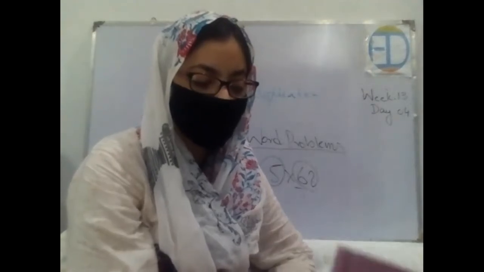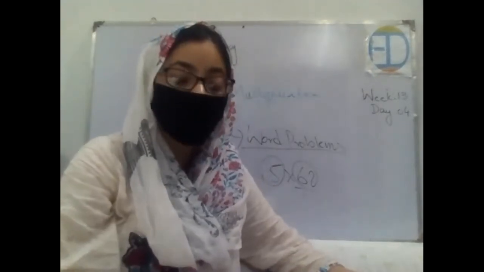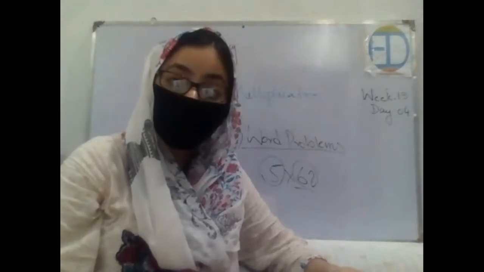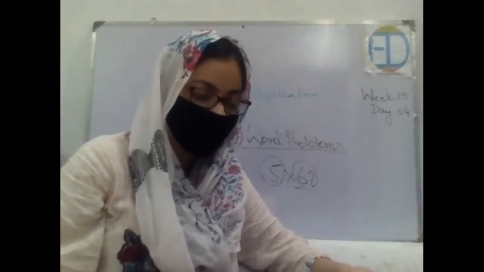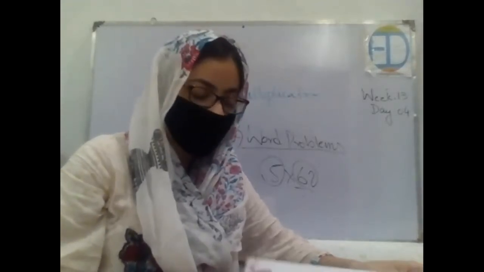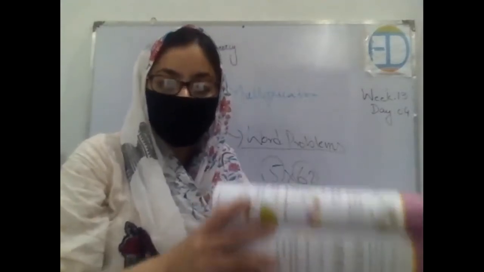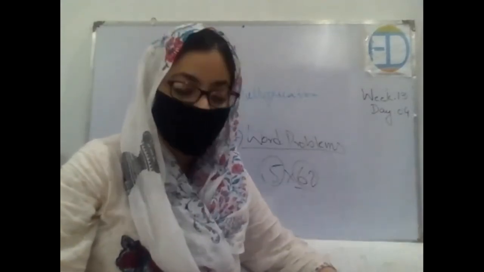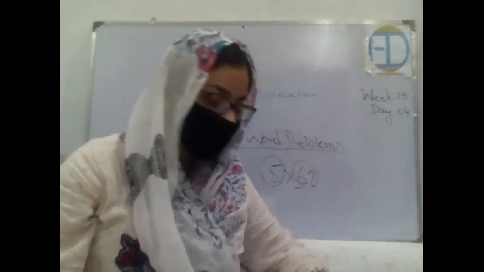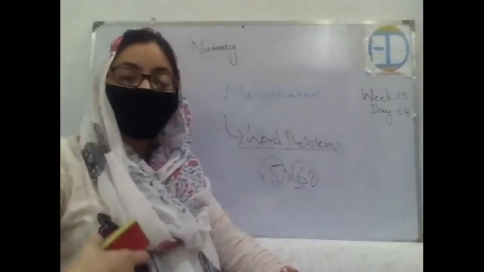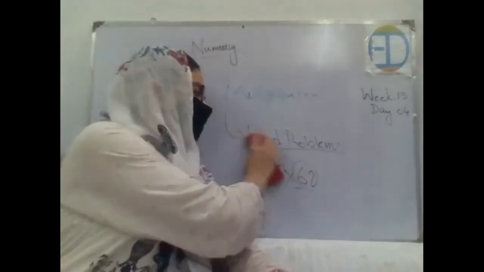Basically, word problems are the questions in which the data is given to us in the form of a statement, right? We have learned this while practicing the previous number operations: a word problem is a question in which the data is given to us in the form of a statement. That is why we call it a word problem. Or in other words, the data is given to you in the form of words.